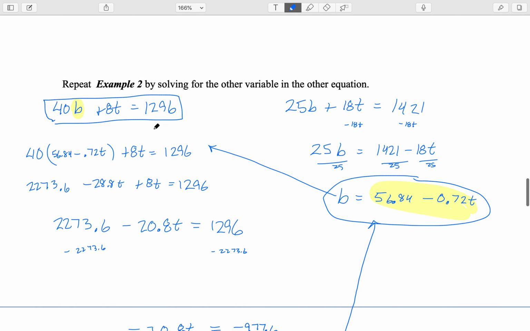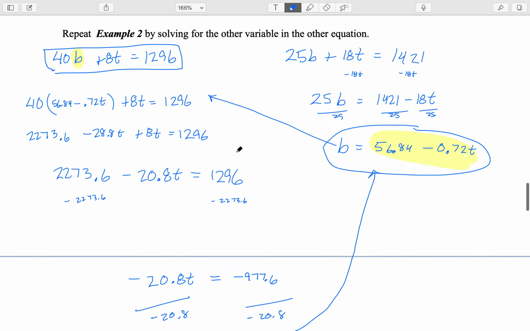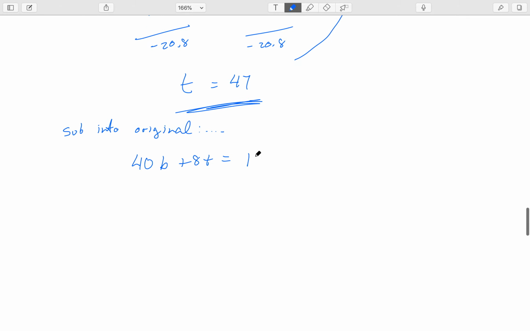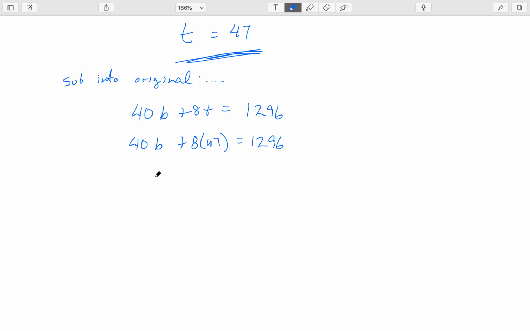Okay, so 40b's plus 8t's is equal to 1296. I know that t is 47, so this is 8 times 47. 40b plus 376 is 1296.